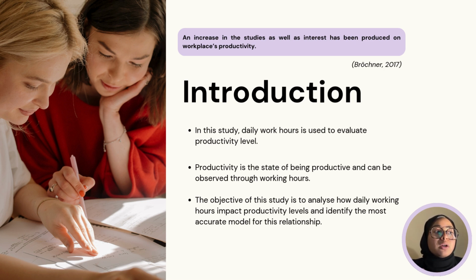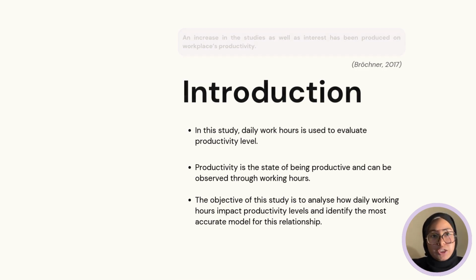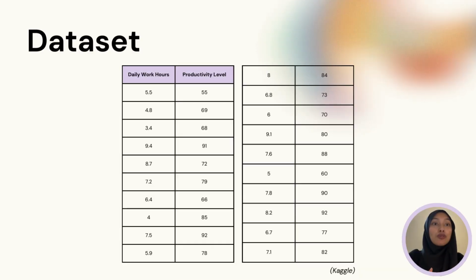While longer working hours may increase output, they can also lead to burnout and reduce productivity. So in this study, we explore the relationship between the daily working hours and also productivity using linear, quadratic, and cubic models to determine the best fit. Our objective is to analyze how daily working hours impact productivity scores, and identify the most accurate model for this relationship.